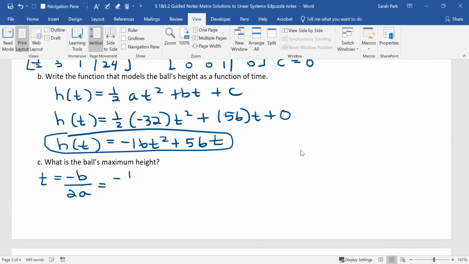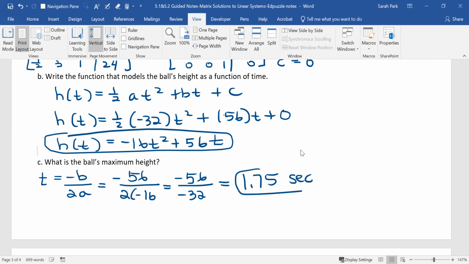Negative b is negative 56, and 2 times negative 16 is negative 32, so negative 56 over negative 32 gives us 1.75. So this is not the actual height. This is the time that the ball reaches the maximum height, at 1.75 seconds.